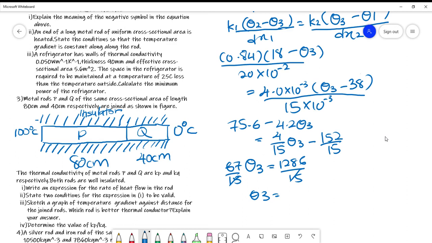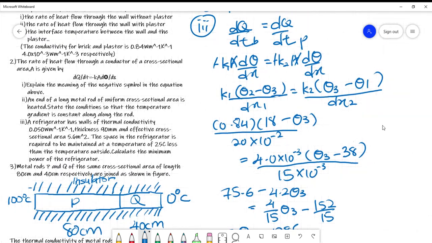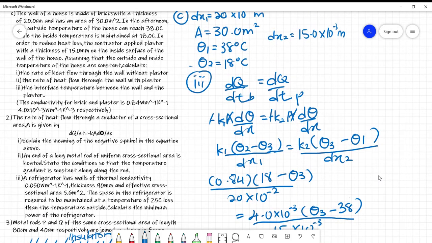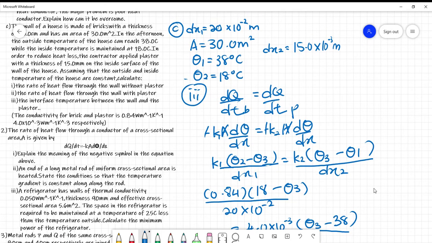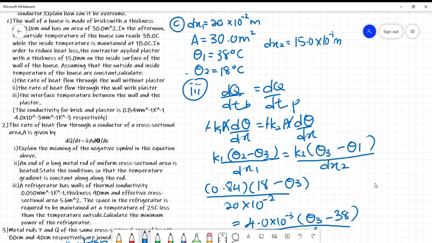So, what are the mistakes? 75.6 plus 152 over 15, so 1286 over 15. 4 over 15 plus 4.2 is 67 over 15. Okay, is it the other value where I got it wrong?